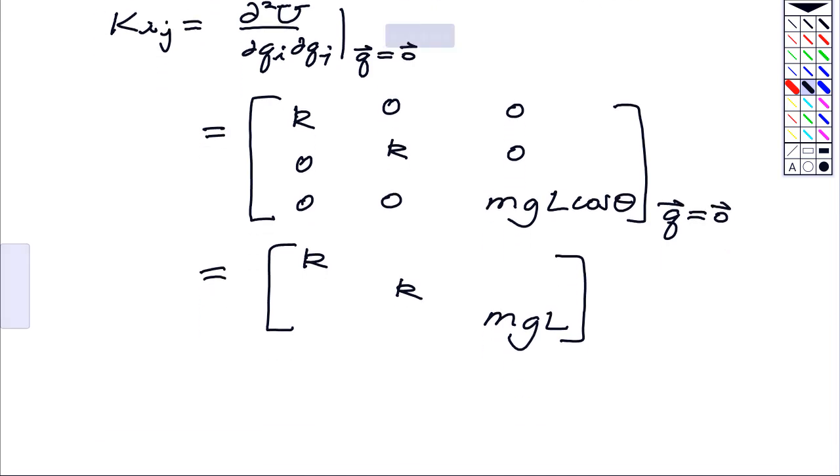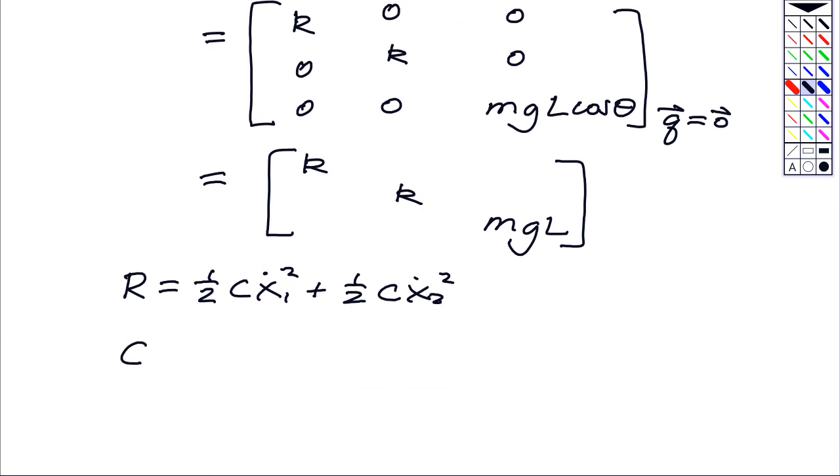For our damping matrix, being that we do have dissipation here, we've got 2 dashpots, one between ground and the L-shaped bar, and one between particles 1 and 2. So we write down our Rayleigh dissipation function, 1/2 c x1 dot squared plus 1/2 c x2 dot squared.